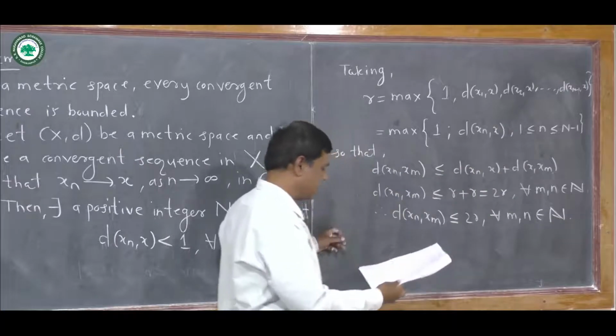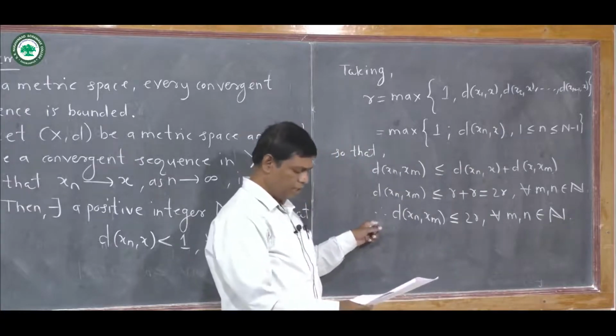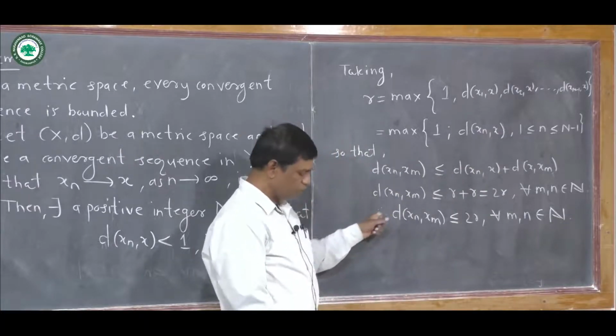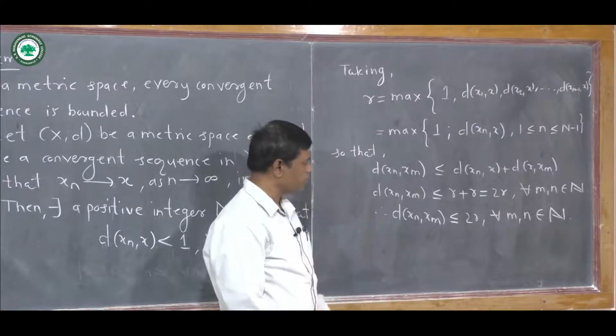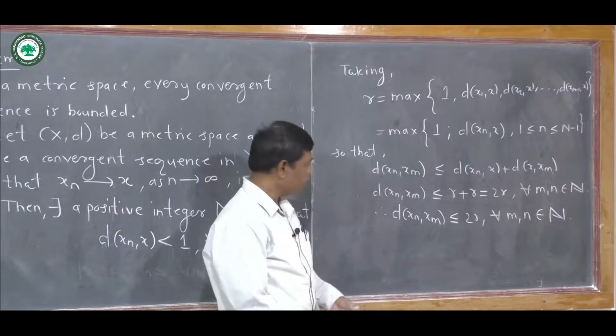So this tells us that the range of the sequence is bounded by 2r, that is, the diameter of the range of the sequence is bounded by 2r.